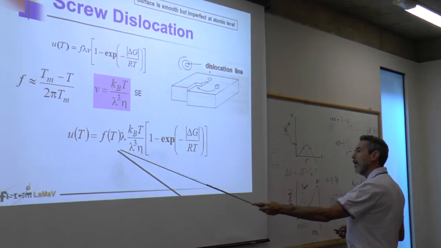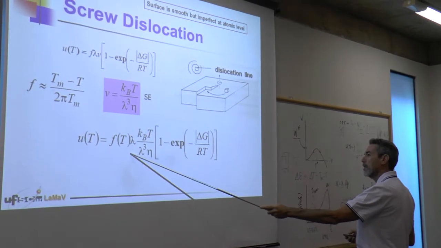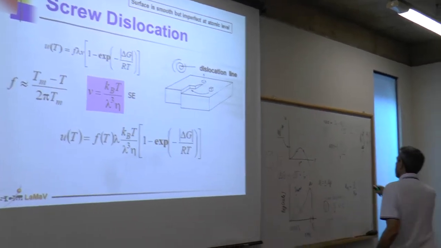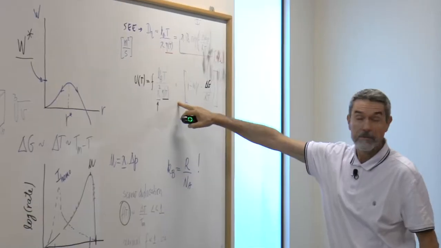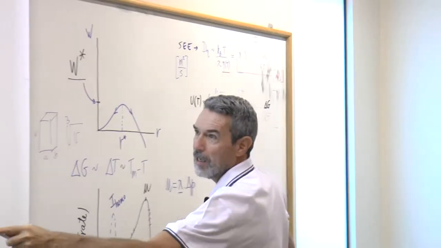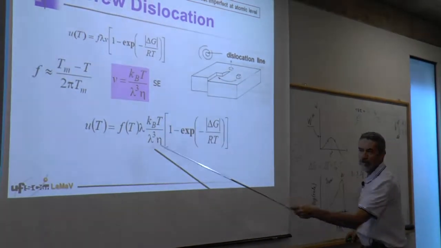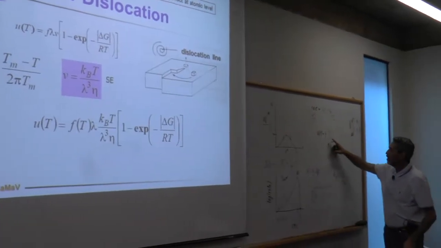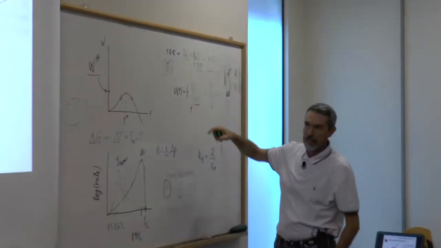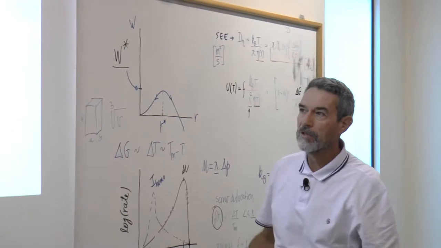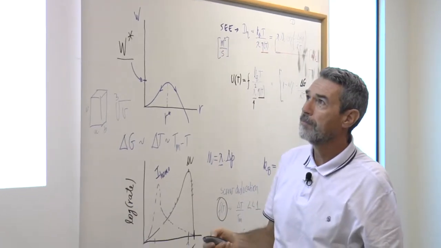You can compare this expression with our expression here. We are okay because there is a lambda here, but there is a lambda cube here, so they cancel out to give lambda squared. So we did our homework. Okay, this is the expression for screw dislocation.